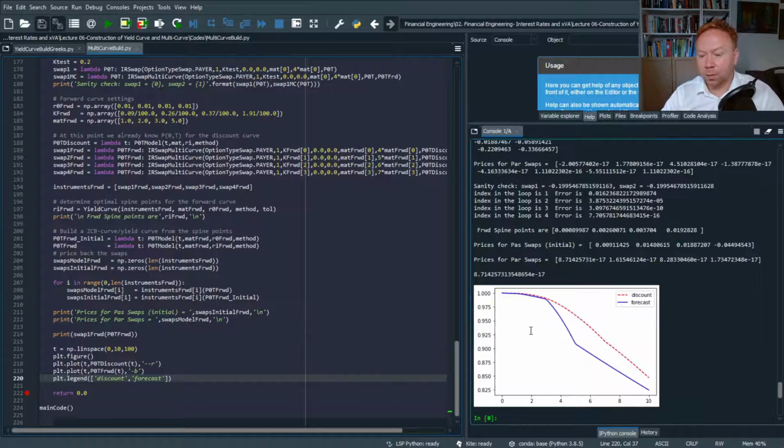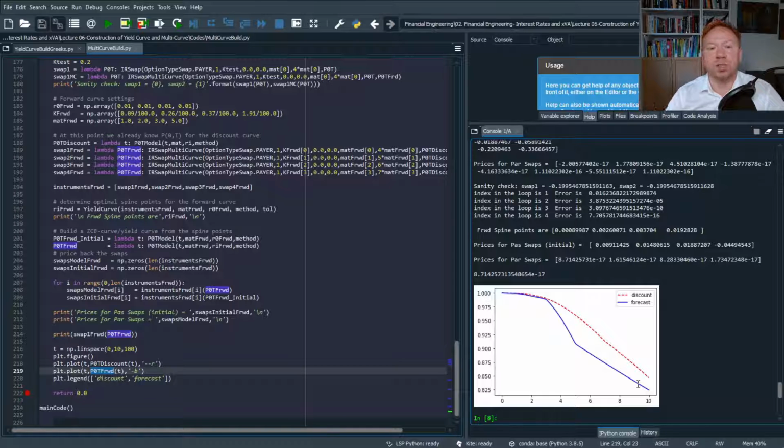Let's see. Okay, so we are plotting here only the discount factor. So this is just the curve of discount factors, it's not a real yield.